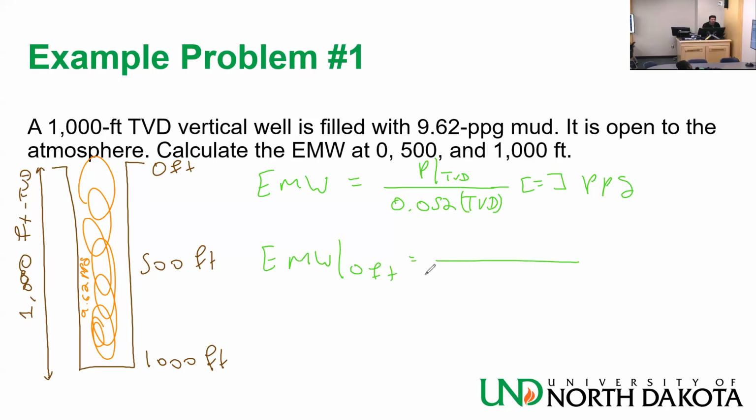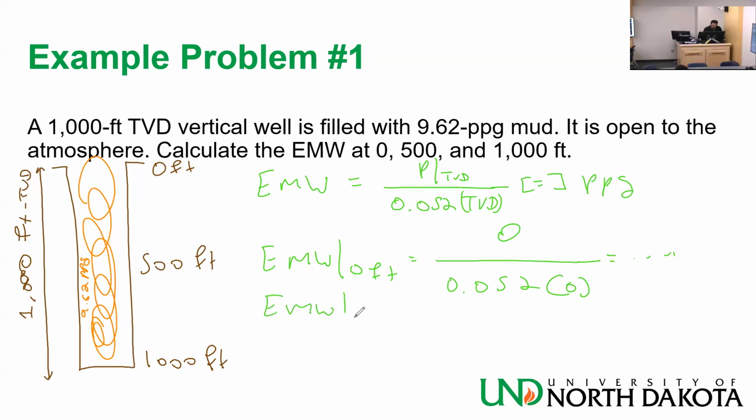What is my pressure there? Atmospheric, so 0. What is my depth? 0. What is the answer to that? Exactly, 0 by 0. What is the EMW at 500 feet? So what is the same equation? What is the pressure there?